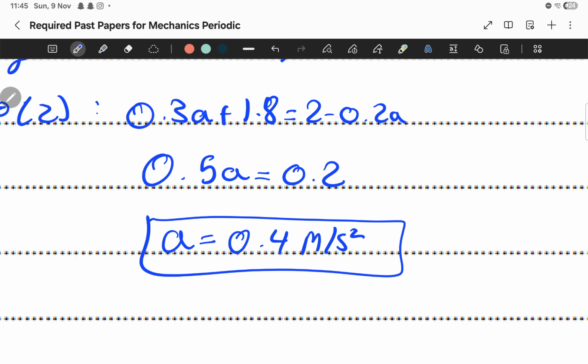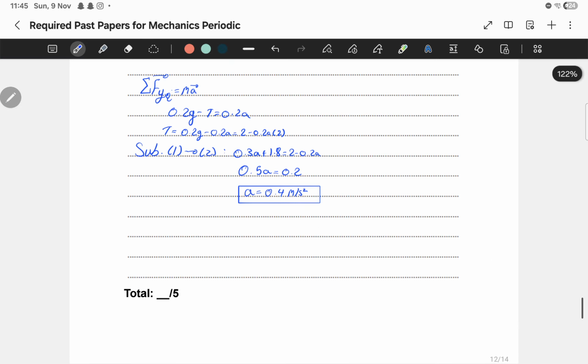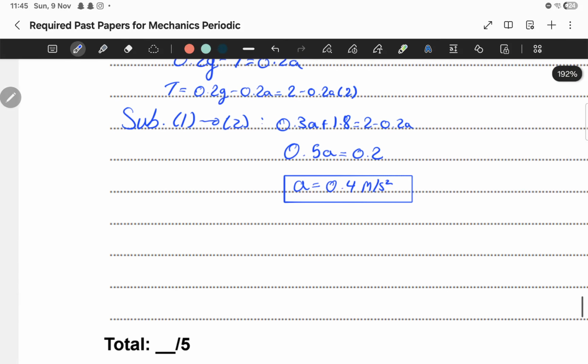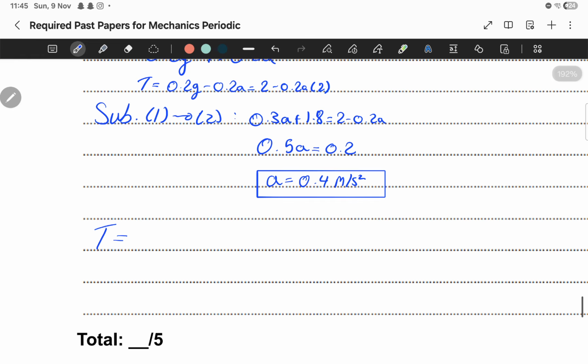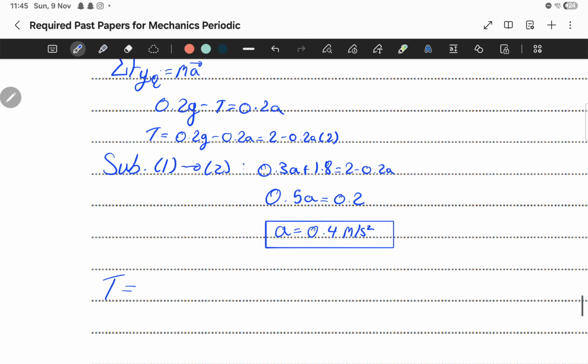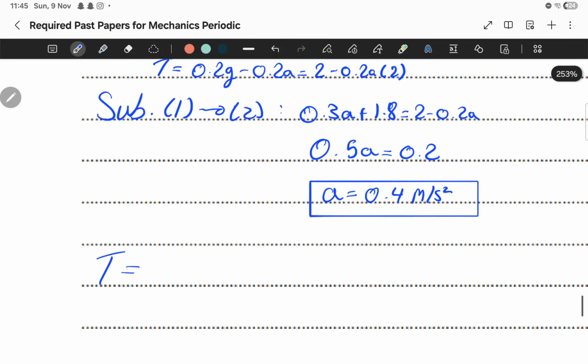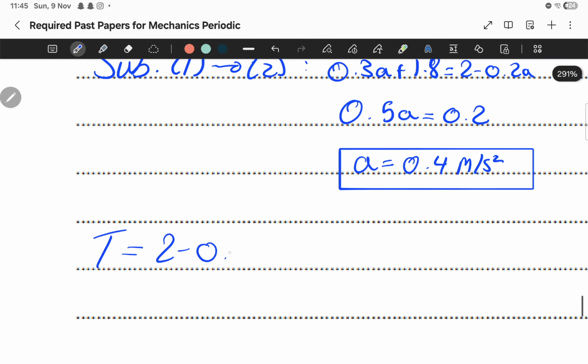Now we can substitute into either equation for the tension. Tension is equal to 2 minus 0.2 into 0.4, which equals 1.92 newtons.